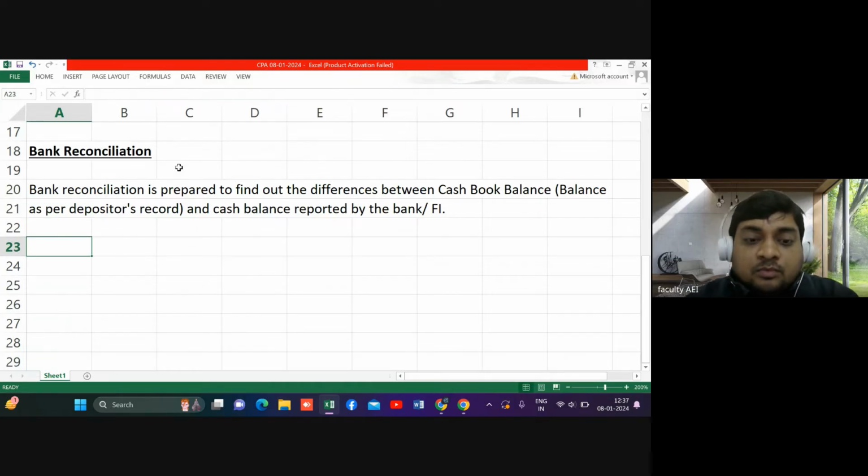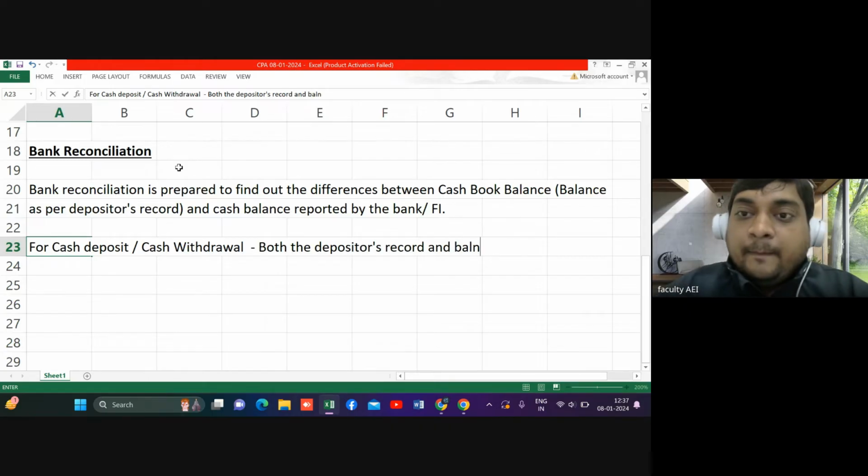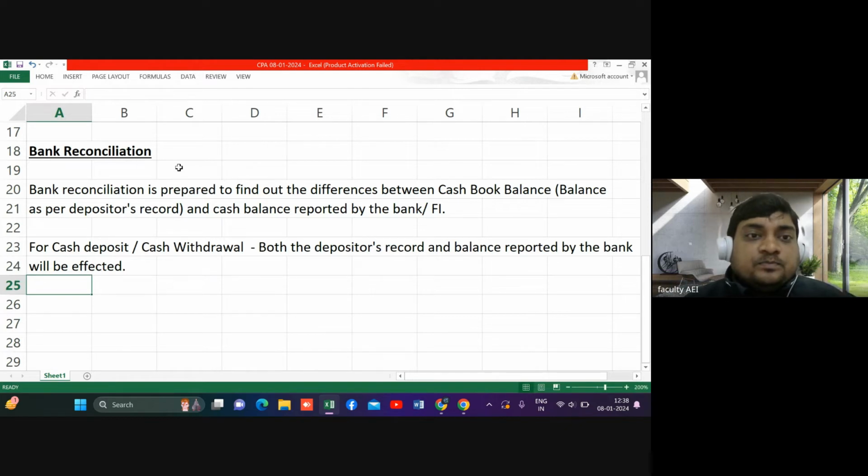So for cash deposit or cash withdrawal, both the depositor's record and the bank's record are affected.